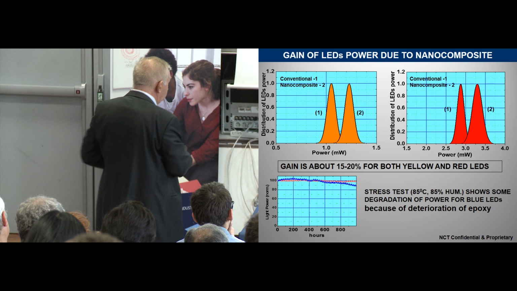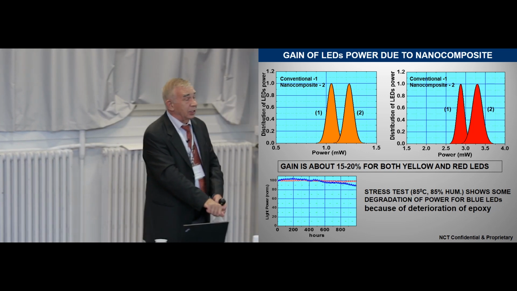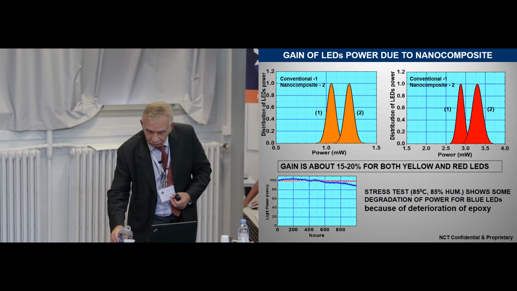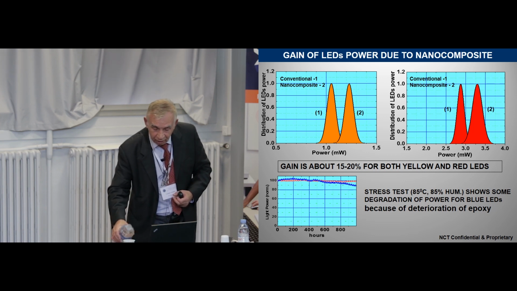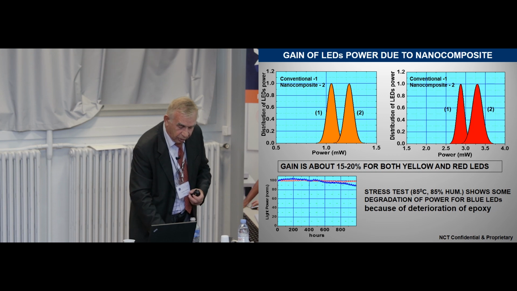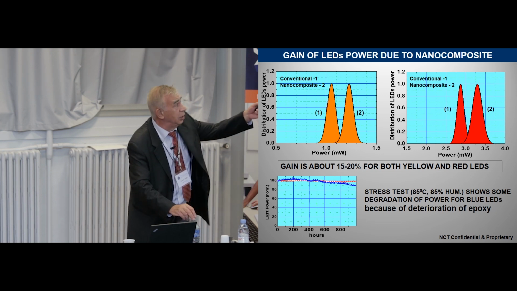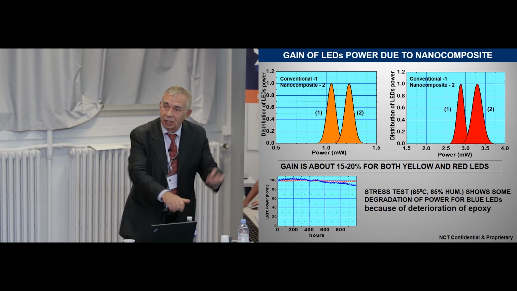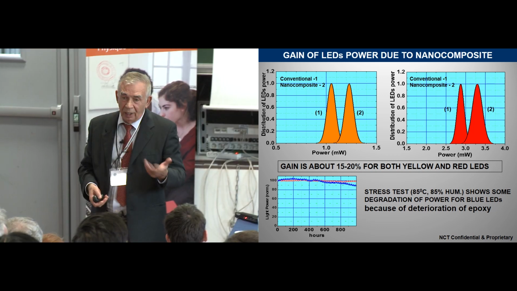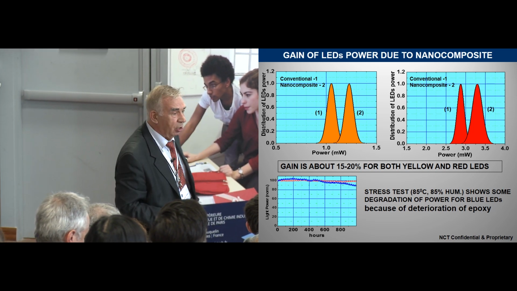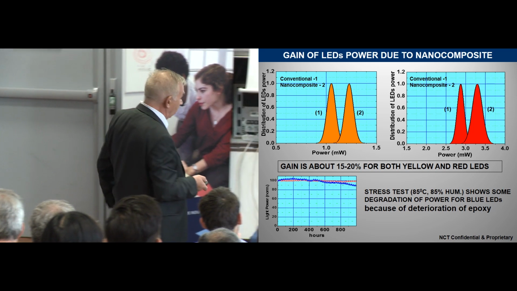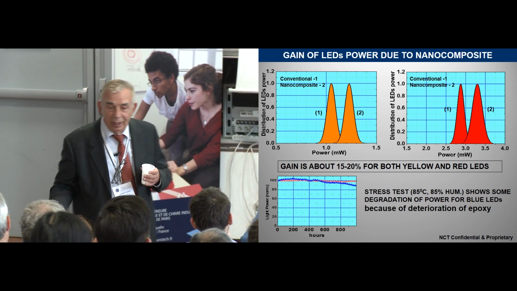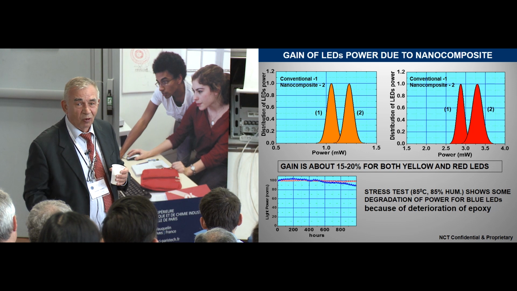The lower picture shows a stress test, which has shown that in 1,000 hours, the intensity of the blue LED with the encapsulant with this high refractive index material dropped 15%. So it's a problem of everything. It's not a problem of quantum mechanics.